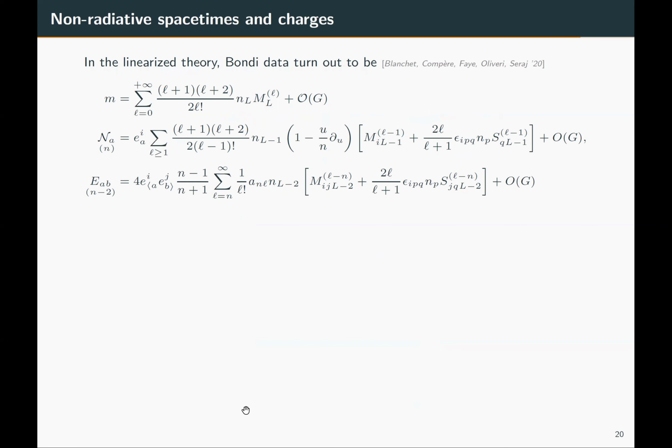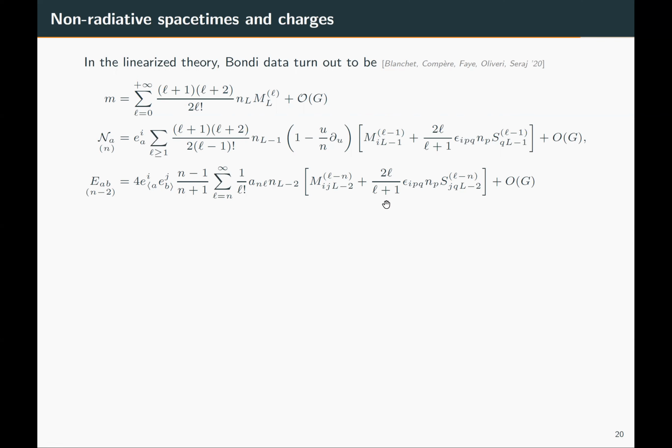To compute the higher spin charges in the linear theory, I need an expression for all these data in the metric. And again, this was done in my paper with Blanchet and others, Roberto, Guillaume Faye, and Geoffrey Compère.